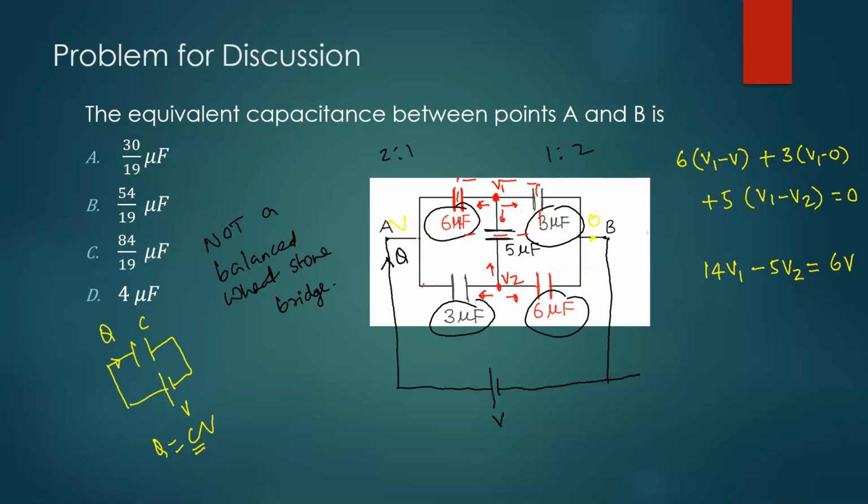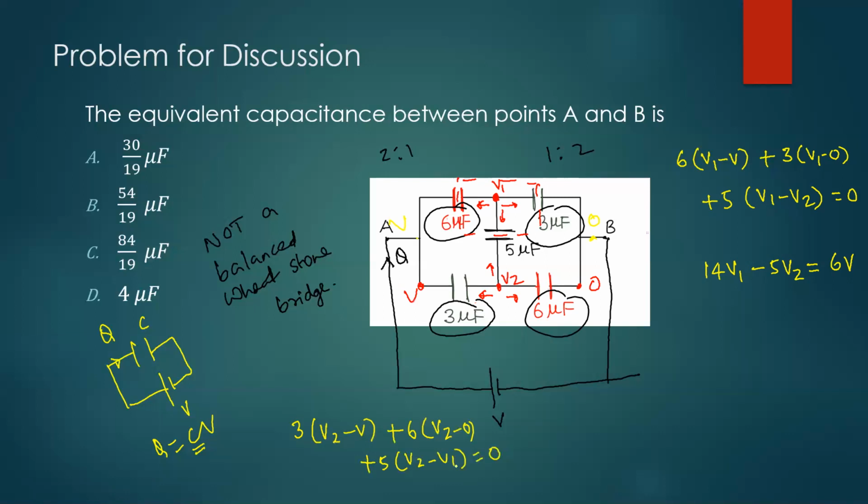This side will have V potential, and this side will be 0. Now if I look to the left, I have capacitance 3, and then V2 minus V. Look to the right, capacitance is 6, I have V2 minus 0. Look above, capacitance is 5, and then V2 minus V1.